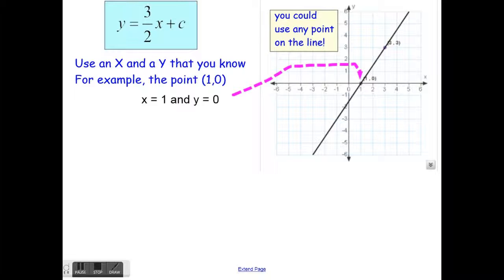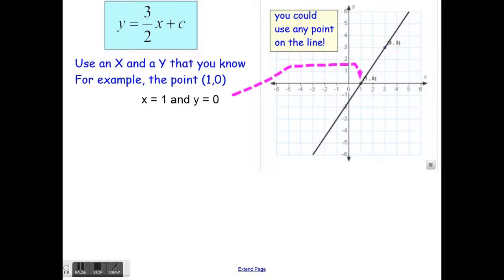So, easiest way to do it is pick a point that we know. We can pick any point that we want, but for this one, for example, I'm going to pick (1, 0), just because it's small numbers. Usually when you have 0 in there, it's easier to work with, easier to solve, right? So that's the point I'm going to pick.